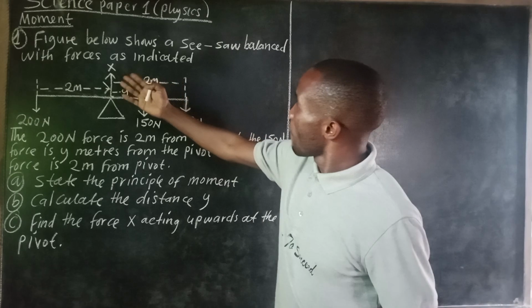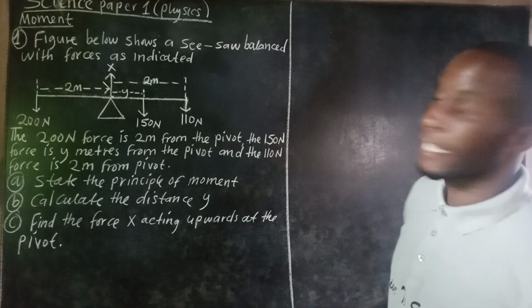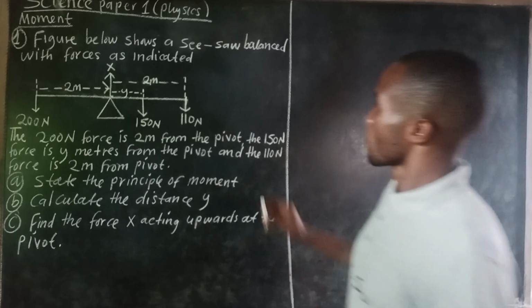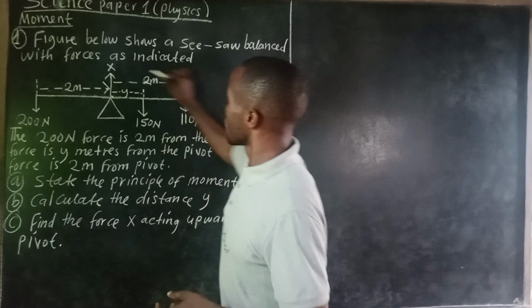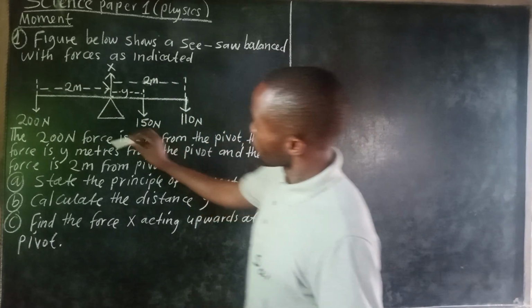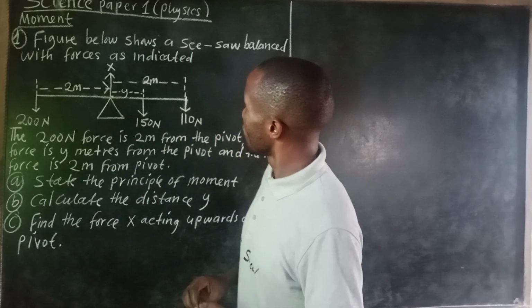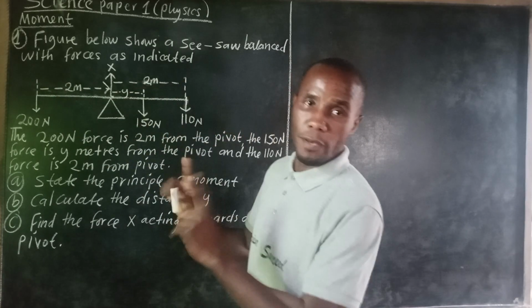The figure below shows a seesaw balanced with forces as indicated. So the seesaw is this diagram which they are talking about. The first force is 200 newtons. Then this one is the pivot center.